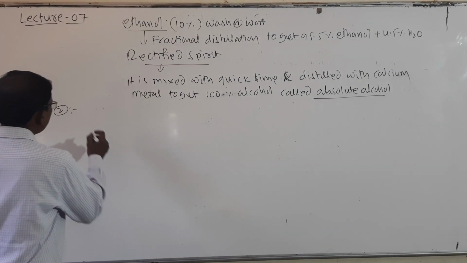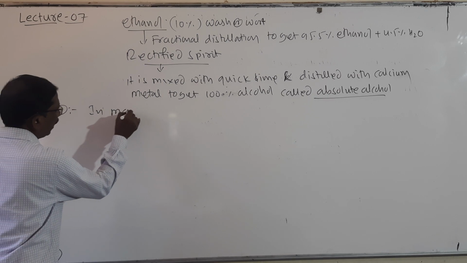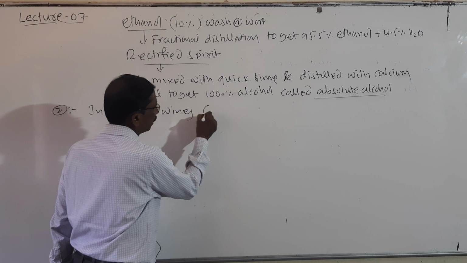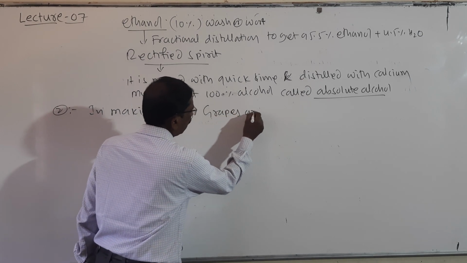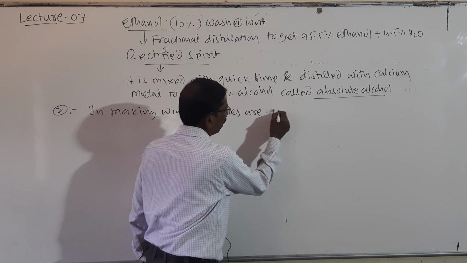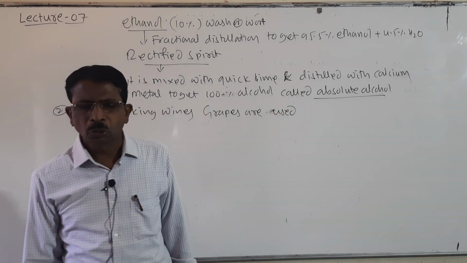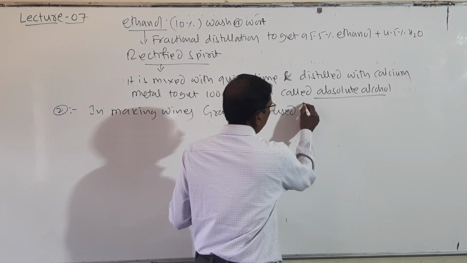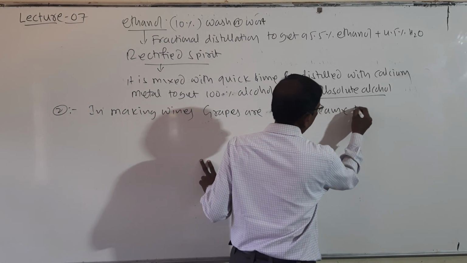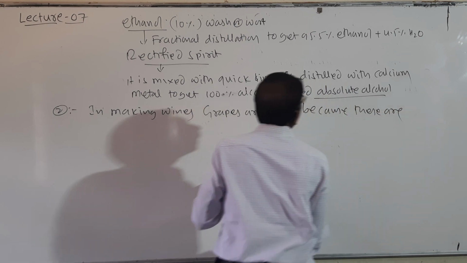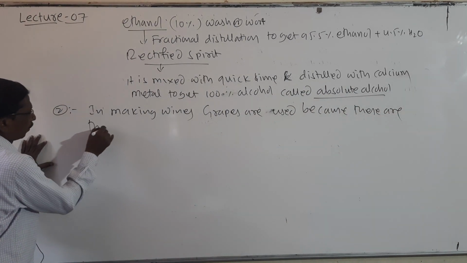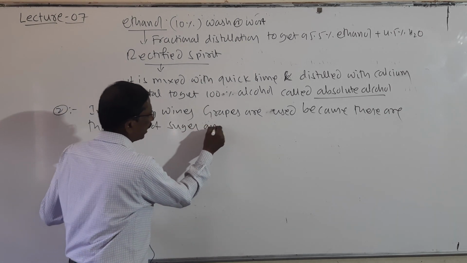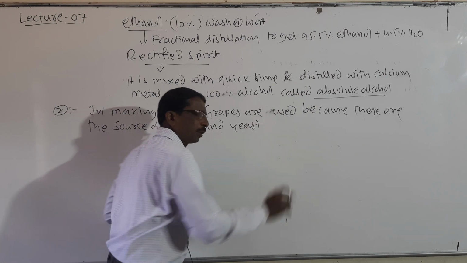Look here. Second one, in making wines, grapes are used. Look here, students, in making wine grapes are used because these are the source of sugar and yeast.